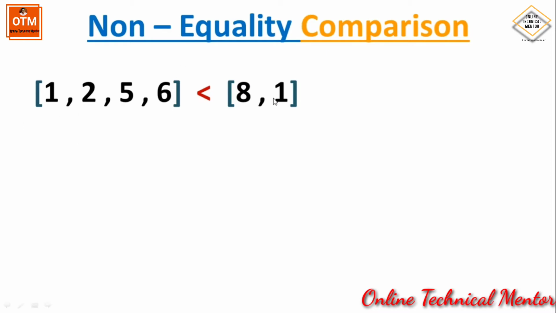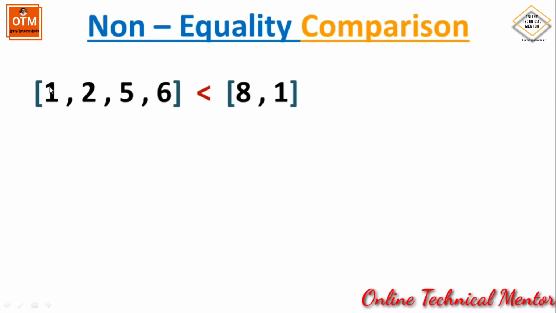Suppose two lists are given. The first one contains 1, 2, 5, 6 and the second one contains 8 and 1 only. Now we are going to apply a less than relational operator between these two lists. So what will it return? In this scenario, the corresponding elements are going to be checked with each other. So the first element of the first list, that is 1, will be checked with the first element of the second list.